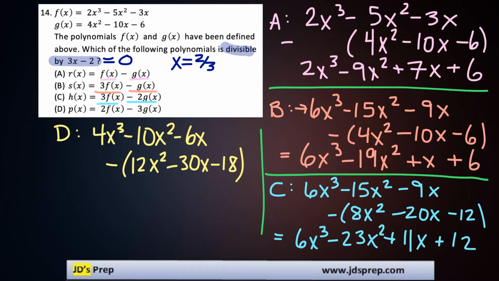And finally, our option D is 2f of x minus 3g of x. If we simplify that, we would get 4x cubed minus 22x squared plus 24x plus 18.